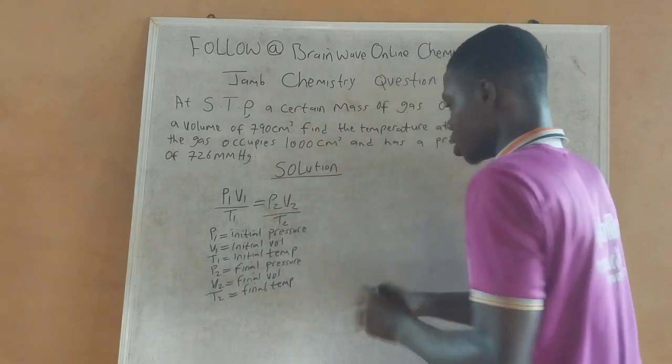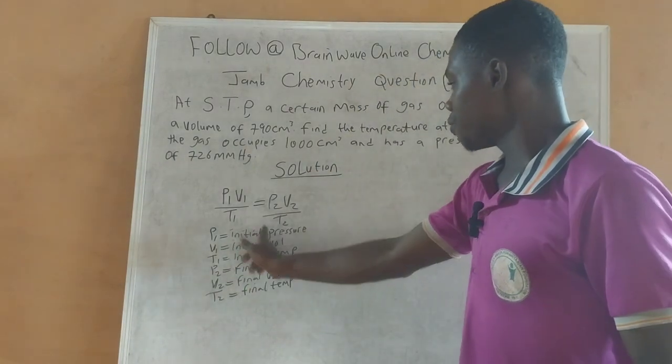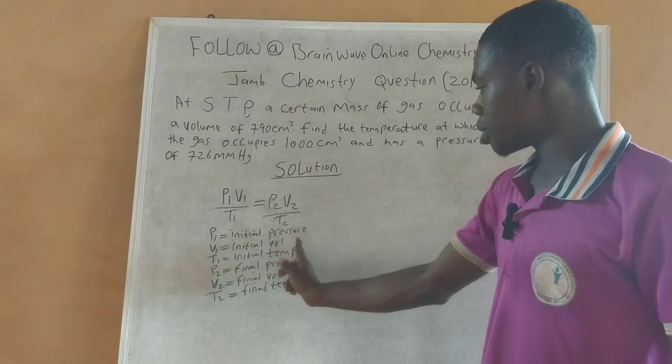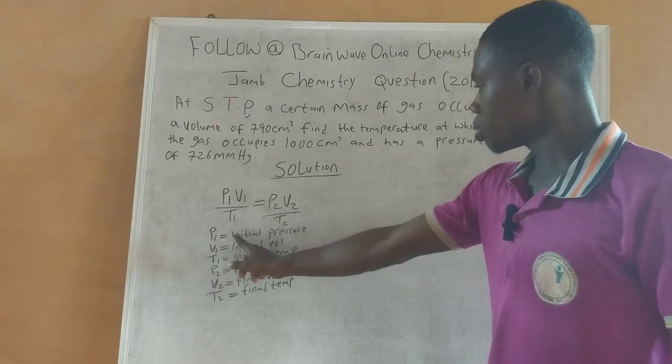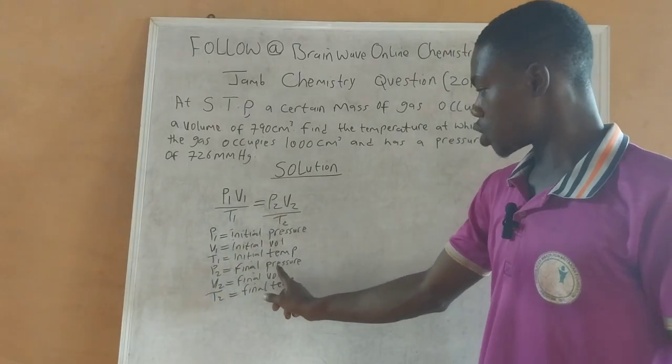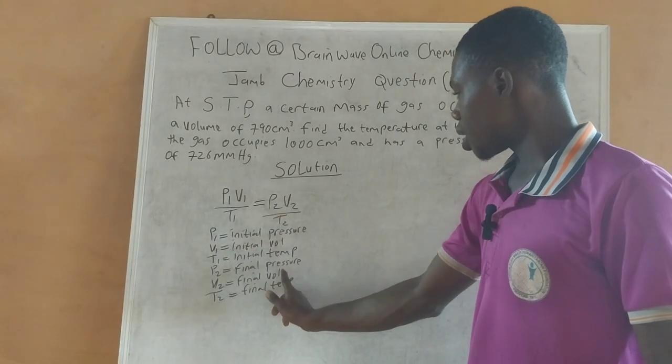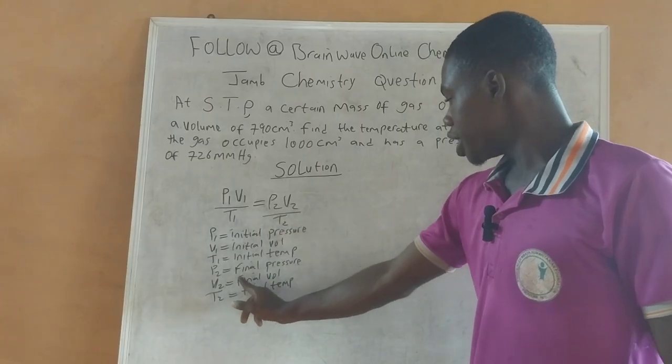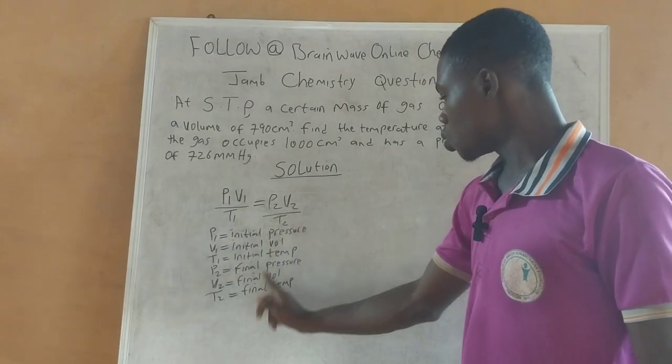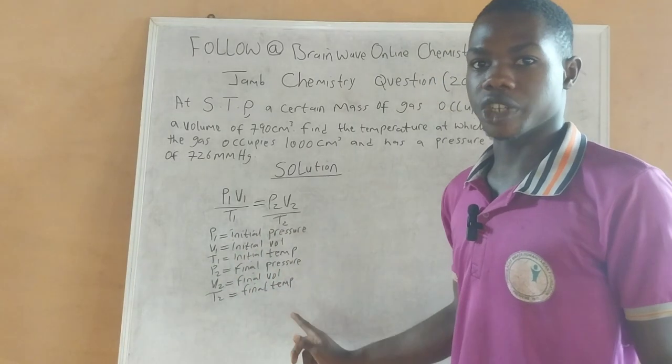So in the formula, P1 is initial pressure, V1 is initial volume, T1 is initial temperature, while P2 is final pressure, V2 is final volume, while T2 is final temperature.